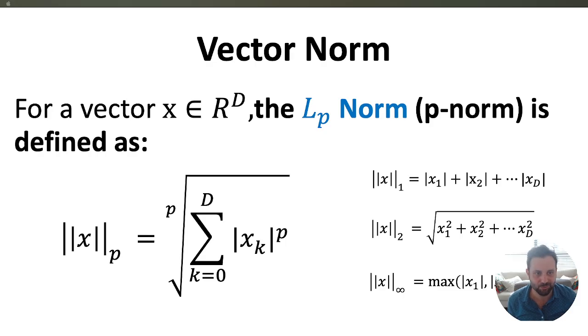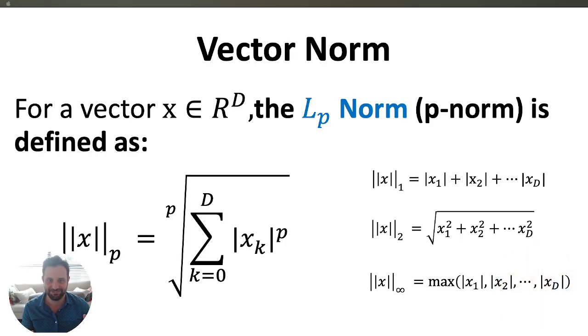Let me move my image so that you can have an idea of what the L infinity norm would be. It's a little bit difficult to comprehend, but when you replace p with infinity, it becomes all of a sudden the max.